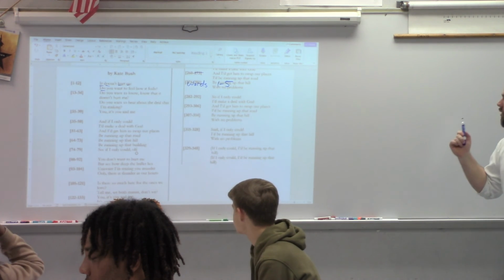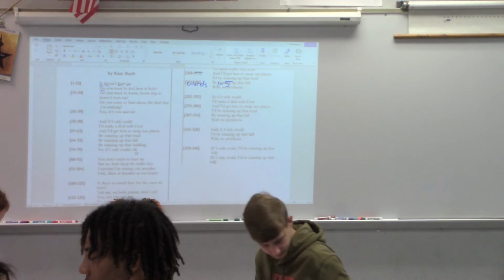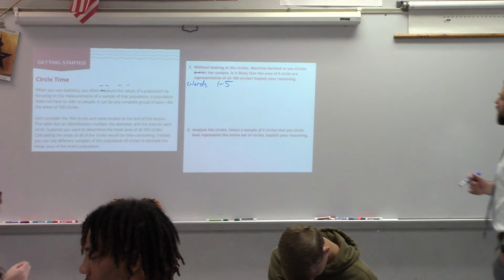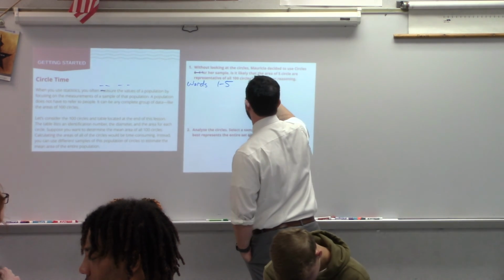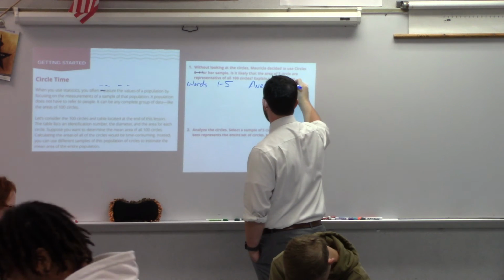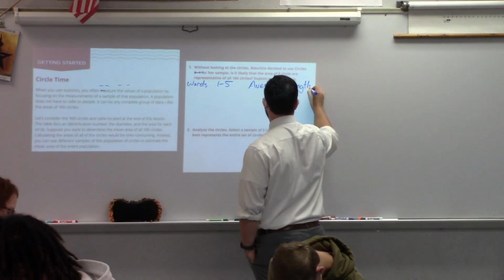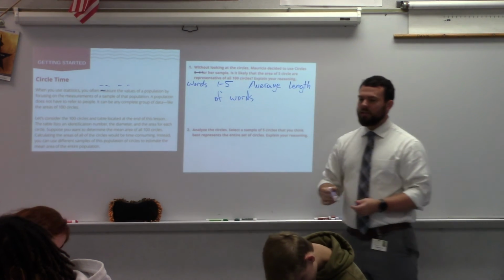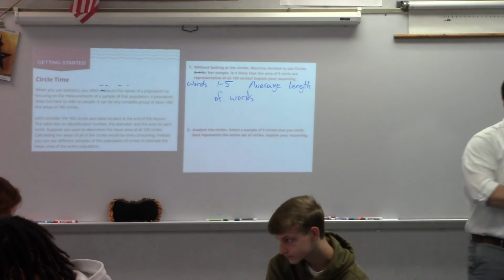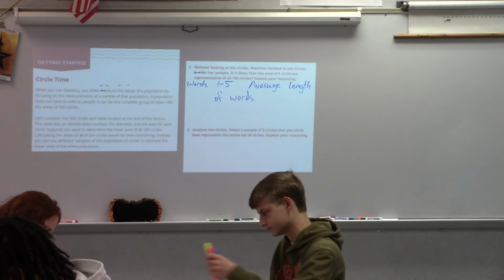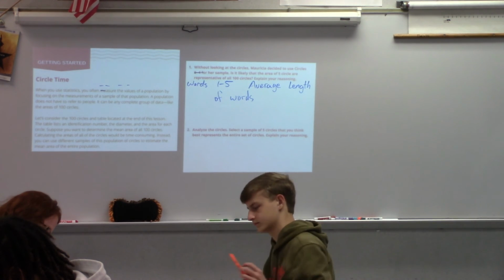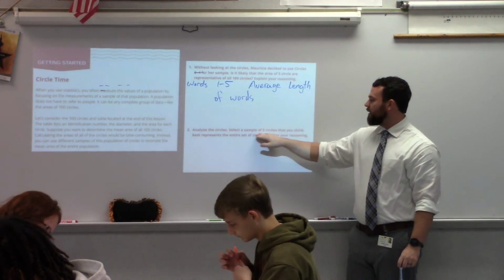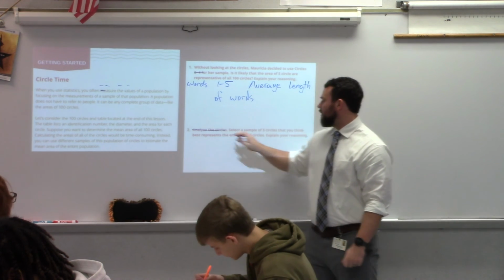So what I want you to do is take words 1 through 5 and find the average length of those words. Find the average length of those 5 words, and we'll continue from there. Once you find that, I want you to select a sample of 5 words, so we're not analyzing the circles.